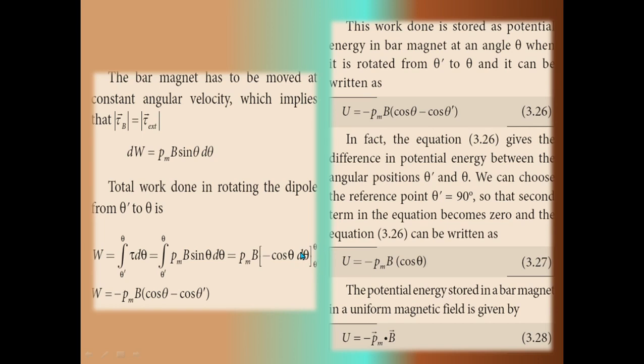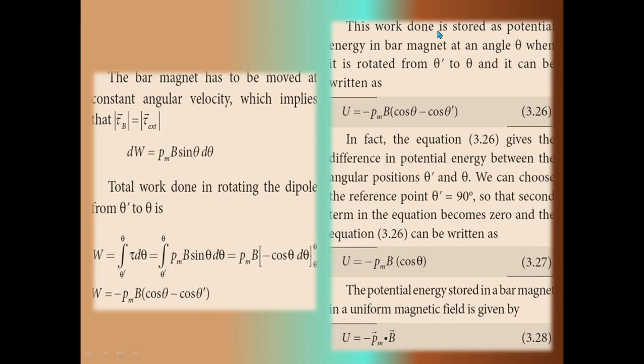Apply this limit, upper limit minus lower limit, and we obtain W is equal to minus PM B, cos theta, the upper limit, minus cos theta dash, the lower limit. The next step is that this work done is stored as potential energy. Work is nothing but energy.